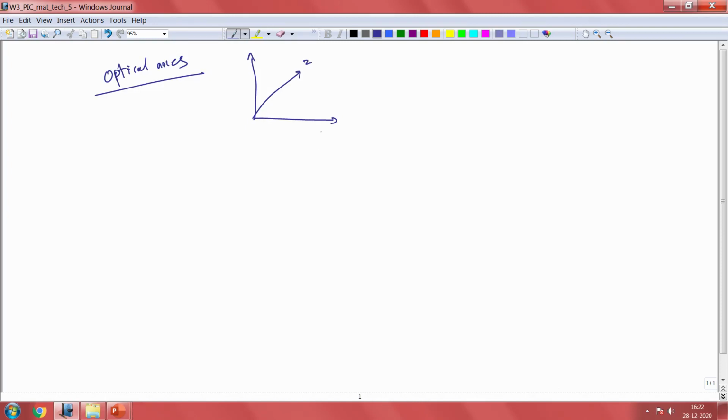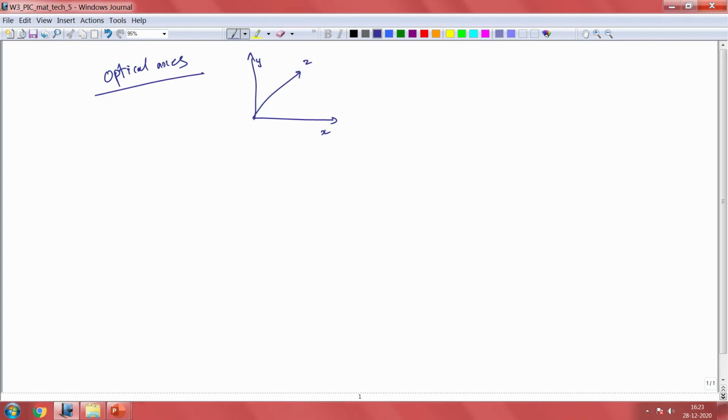This is z, we can define this as x and this as y, right. When we say anisotropy, the anisotropy can be of different kinds. Anisotropy just tells us that there is some direction dependent property change. That is all we understand, but in which direction, we can't say.